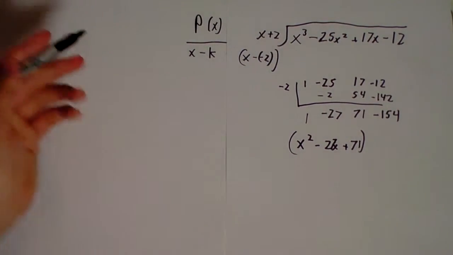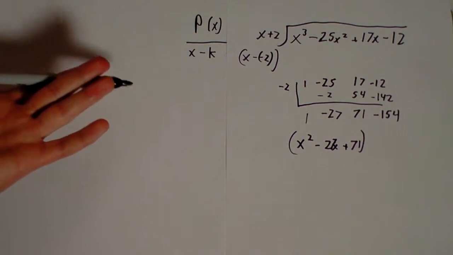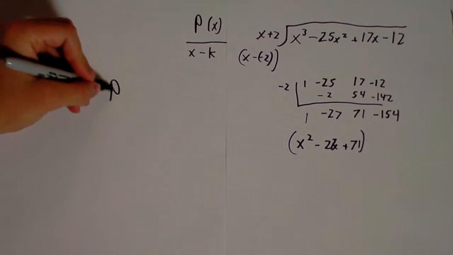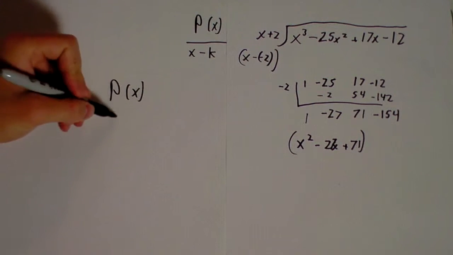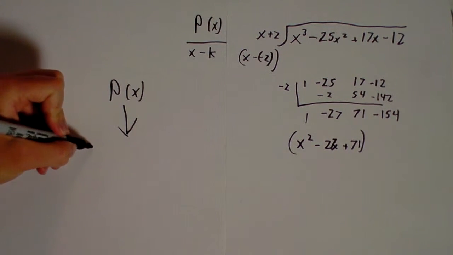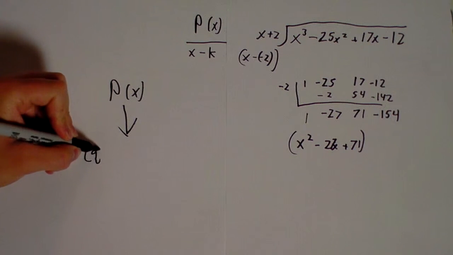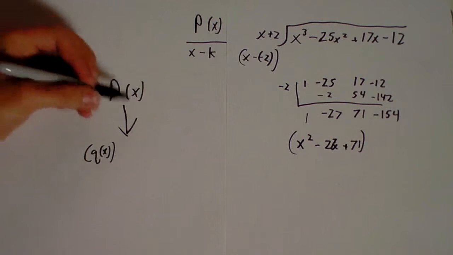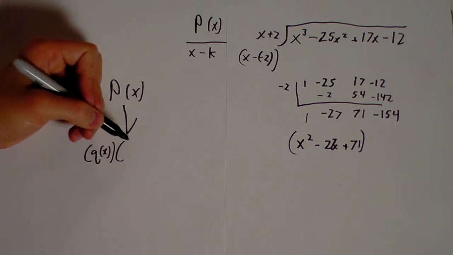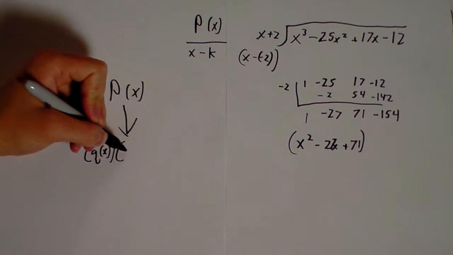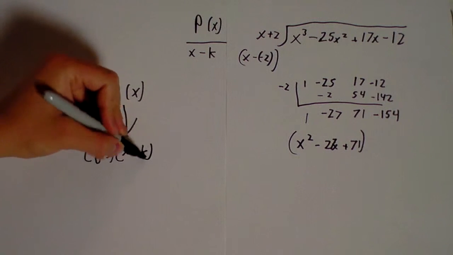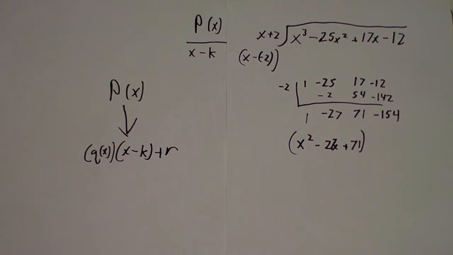And based on the definition of division of polynomials, P, a polynomial in x, can be rewritten as a quotient, so we'll just call it q of x, times a divisor, which in this case is x minus k, plus a remainder.